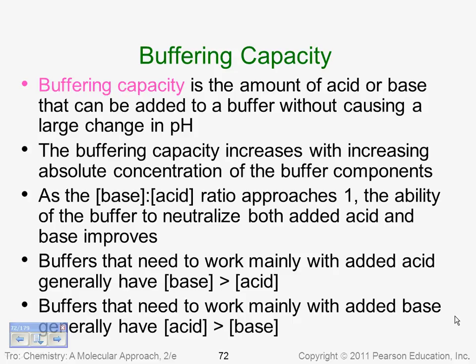But remember that 1-to-1 forces us to a particular pH, right? Whatever the pKa, a 1-to-1 ratio is going to give us what the pH is. But if we want to be slightly one way or the other, then we can modify that ratio, figure the pH we want. That's what we just got to notice. But the closer to that 1-to-1, the better.